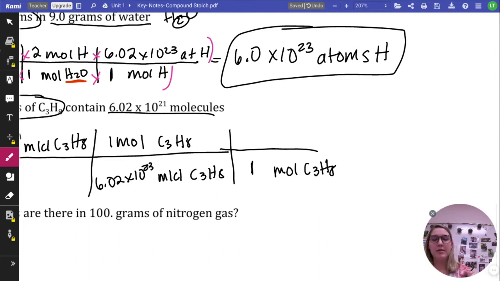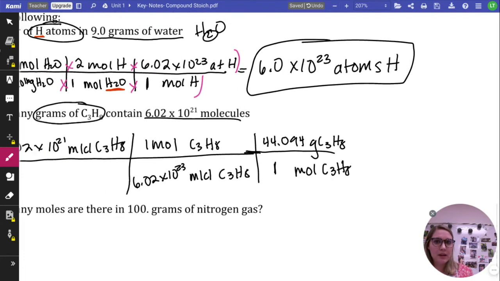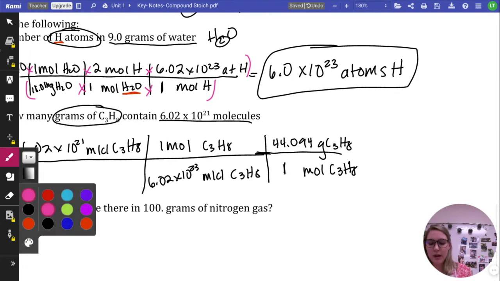So add up all your masses from your periodic table. Take a second to do that. Again, you always are welcome to pause it if I put the number too quickly for you. But I got 44.094 grams of propane. Grams of propane is what we want, so now we can solve.